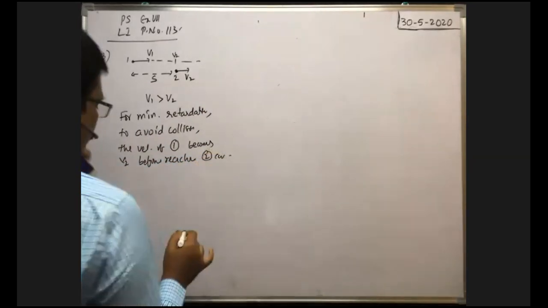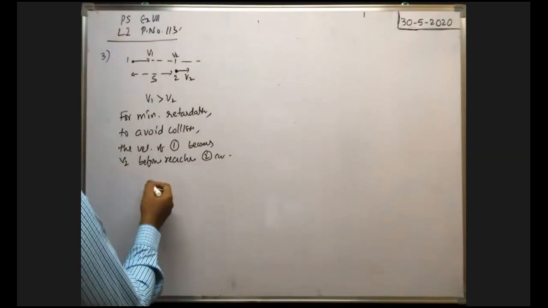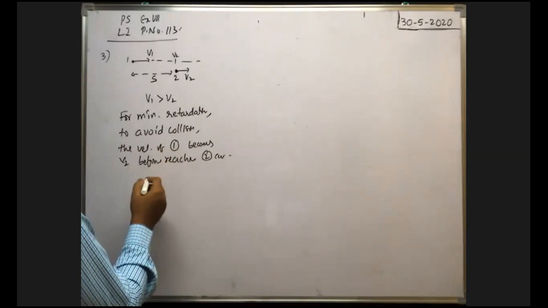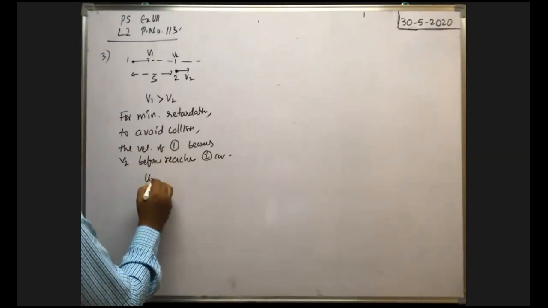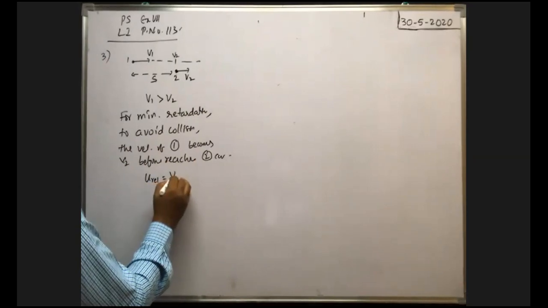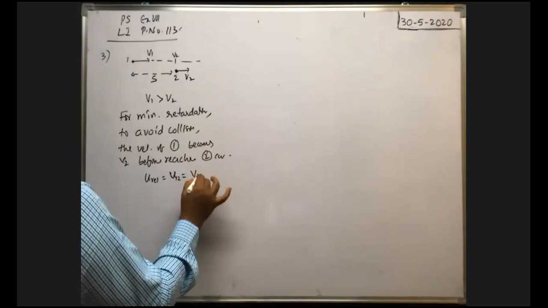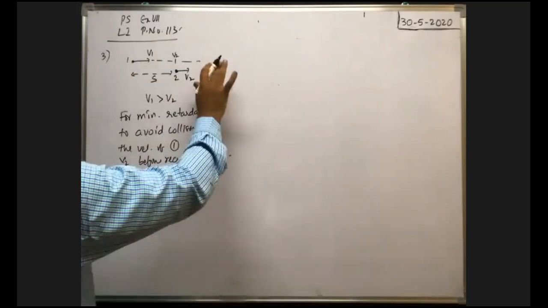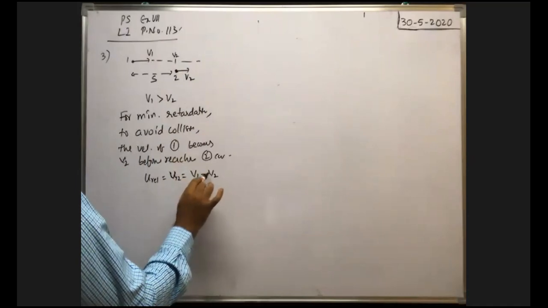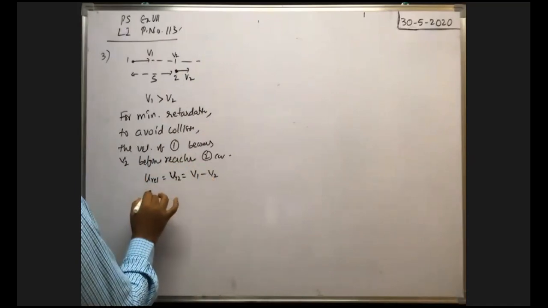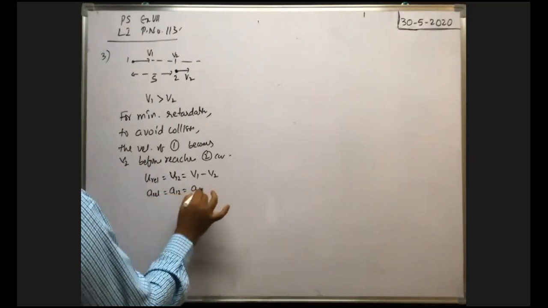Here we have to introduce the relative velocity concept. The initial relative velocity of car 1 with respect to car 2 is v1 minus v2, because both are in the same direction. Next, the relative acceleration of car 1 with respect to car 2 is a1 minus a2.